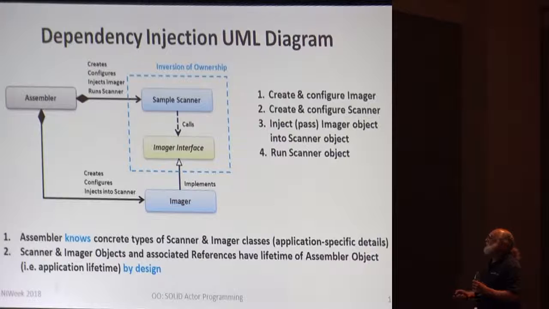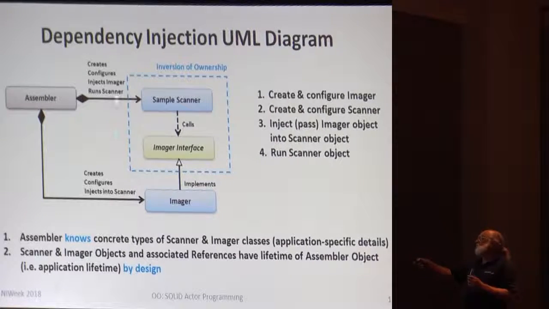This is a UML diagram for dependency injection. So you have an assembler class which is application-specific. It creates the imager because it knows what it does. It creates the sample scanner, and it passes the imager to the sample scanner.